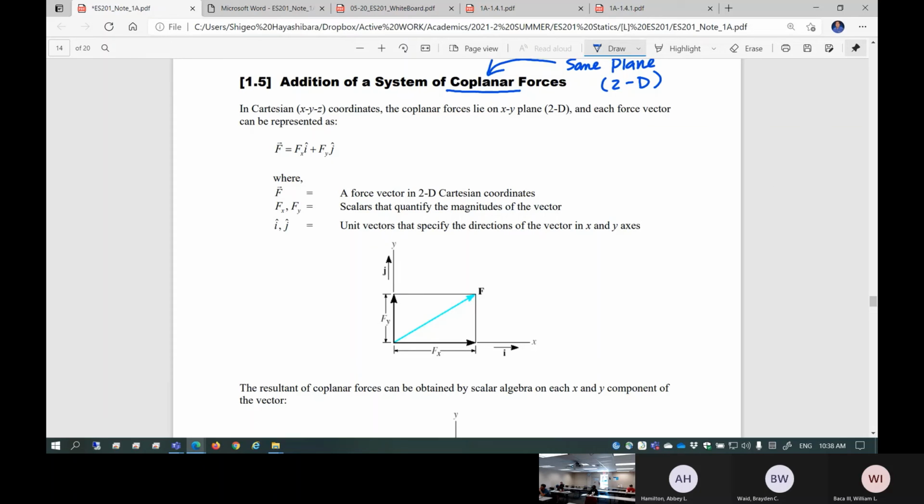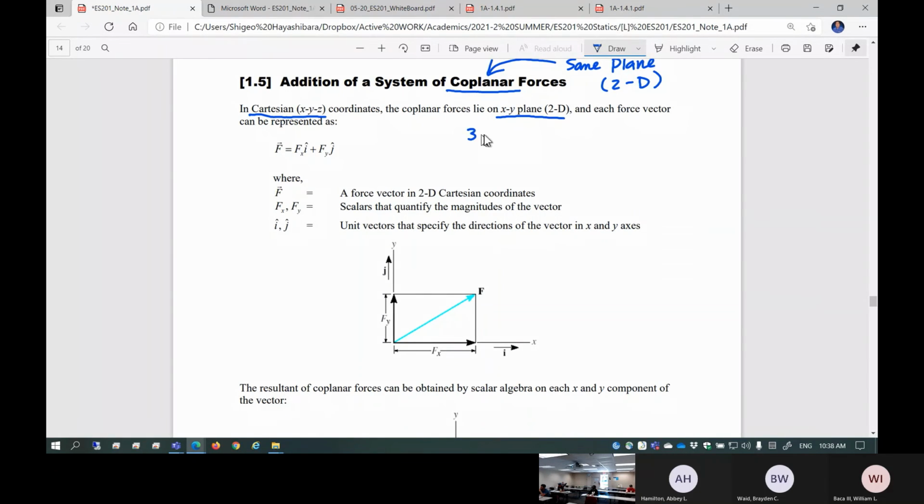Okay. So this is Cartesian coordinate. Cartesian is, of course, x and y and z, 3D space. You're going to look at the xy plane, which is the 2D. Okay.